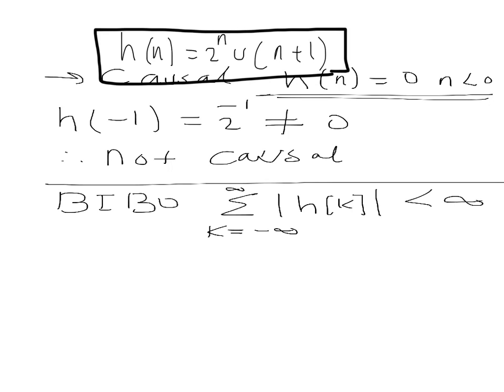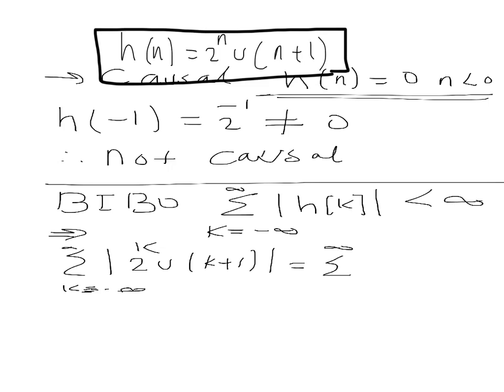Alright, for the given impulse response we have, sorry for my handwriting here, the absolute value of 2 to the k, let's just plug in the main function here, plus 1, close the parentheses, absolute value, equals the sum from k equals minus 1 to infinity of the absolute value of 2 to the power k.